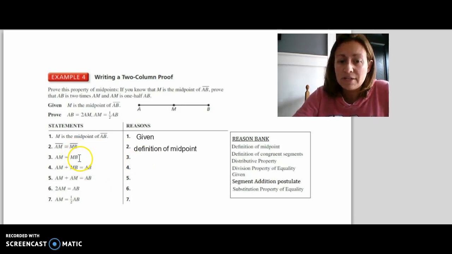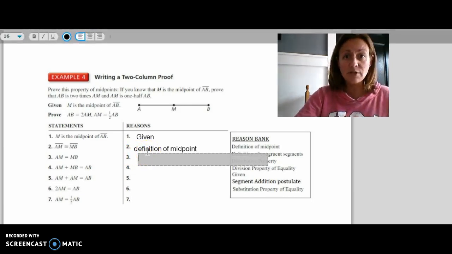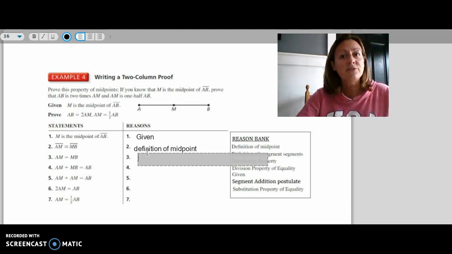Then in step 3, we translate it from congruence of segments to equality of length, because when we know two segments are congruent, then we know they have the same length. And so the definition of congruent segments is the reason we can state that AM equals MB.